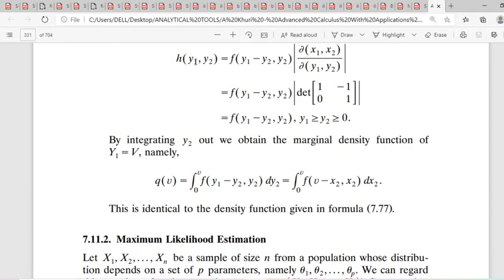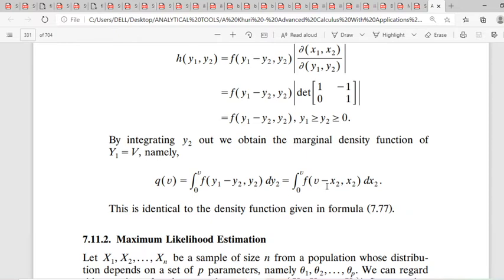To find the density of v only, we have to integrate this joint density with respect to y2. So we will get q of v is equal to integral 0 to v, because the maximum possible value of y2 is v, f of y1 minus y2 comma y2 dy2. Since y1 is a constant, we can write it as v also, no problem.